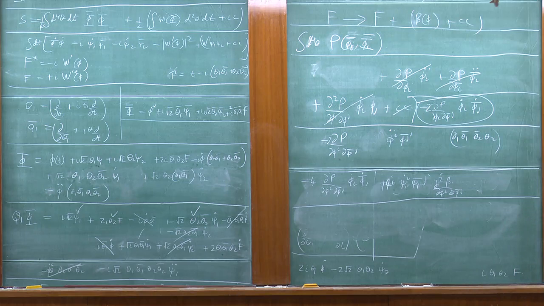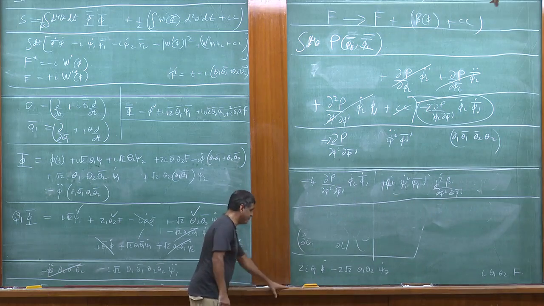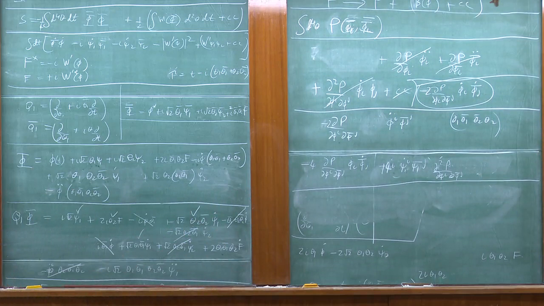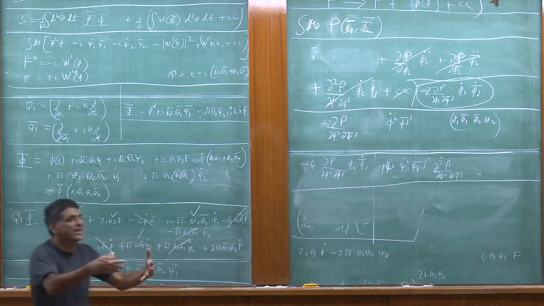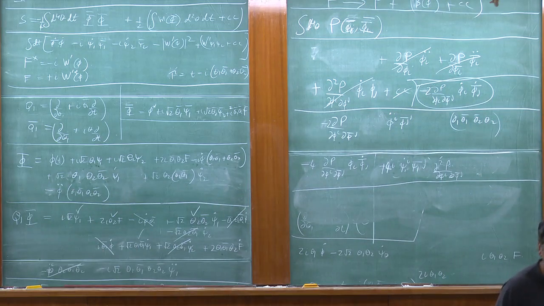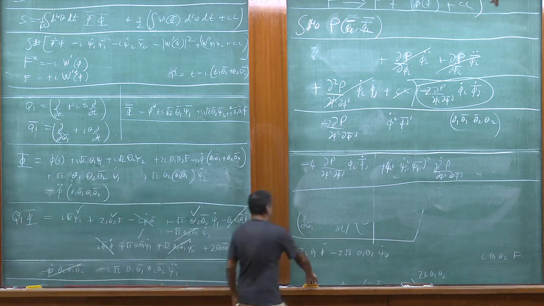Now there are going to be other terms. I'll just work out one last one, the one involving f, and then I'll give you the answer for the rest, basically by guesswork. But before that, let's work out the terms involving the f.